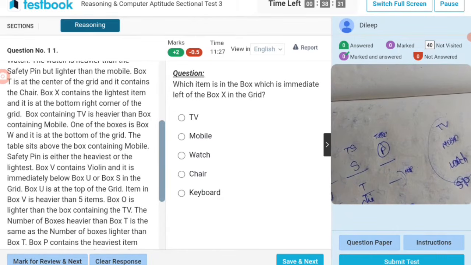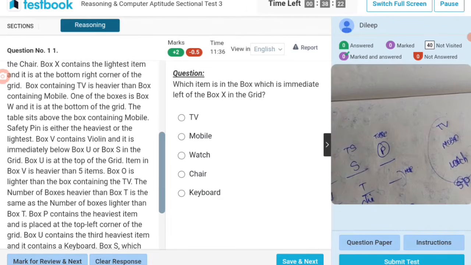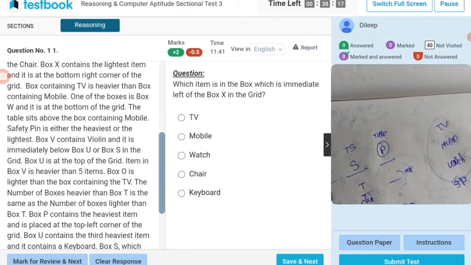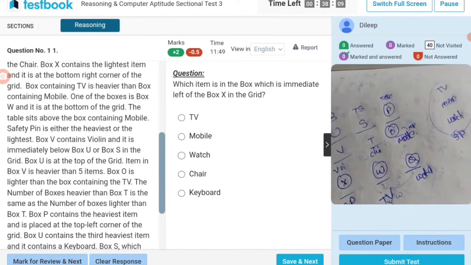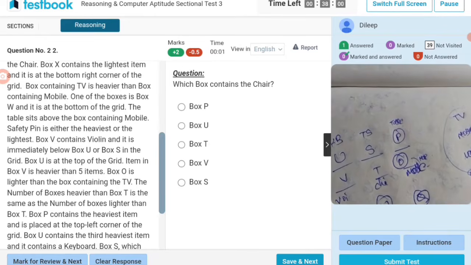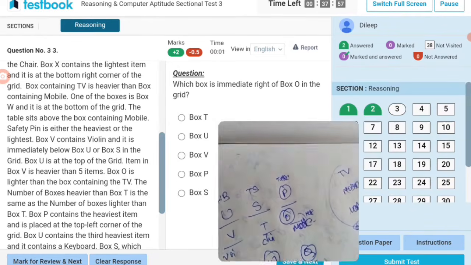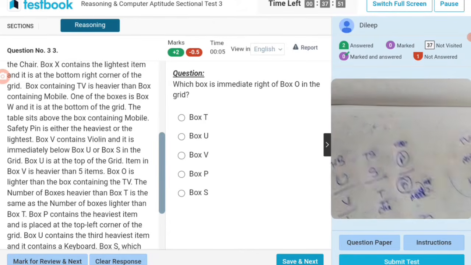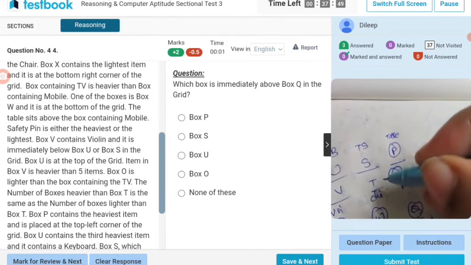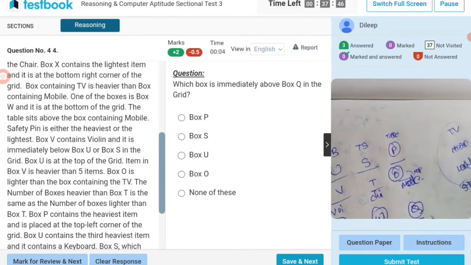The table sits above the mobile. So O and W, I think. So O is lighter than TV. So TV, O, mobile. W, TV, and chair is T. Immediate right of O in the grid, T chair. Immediately above Q in the grid is O mobile.